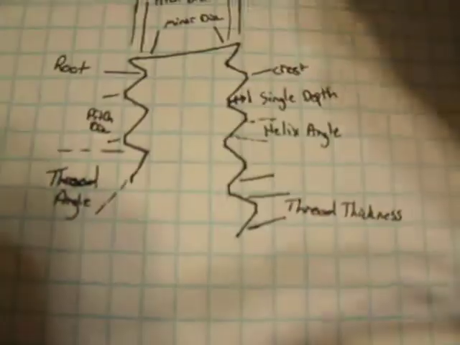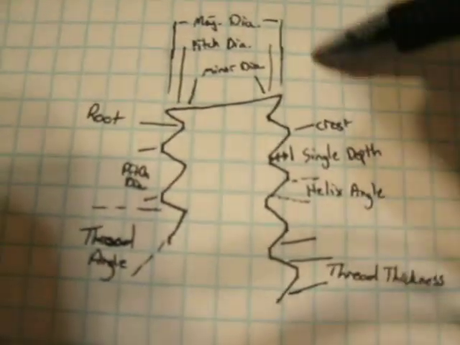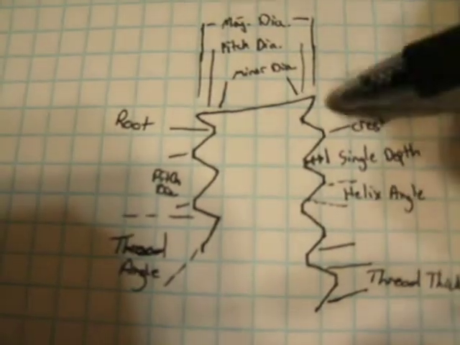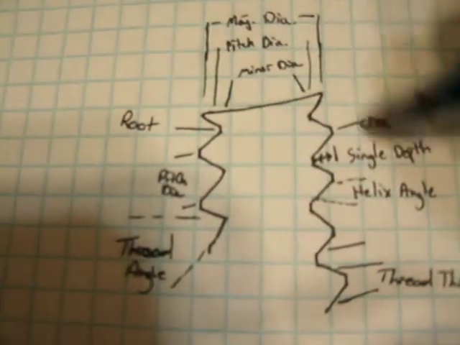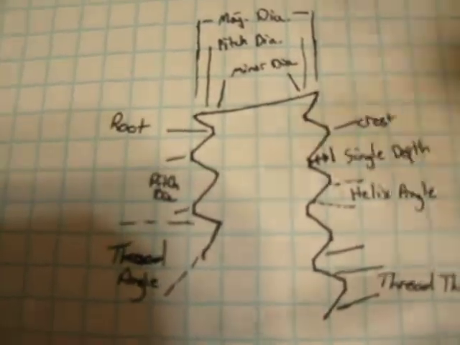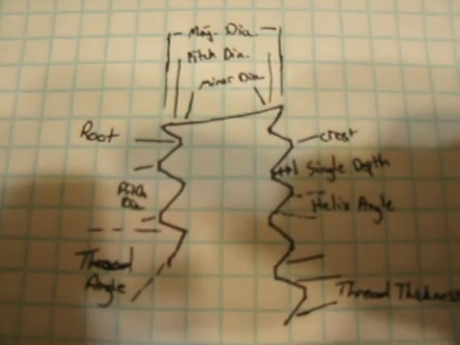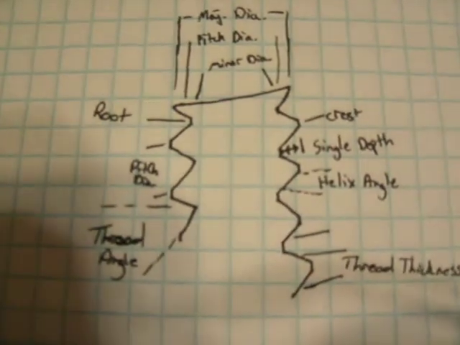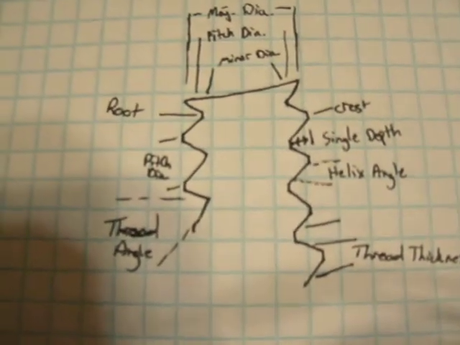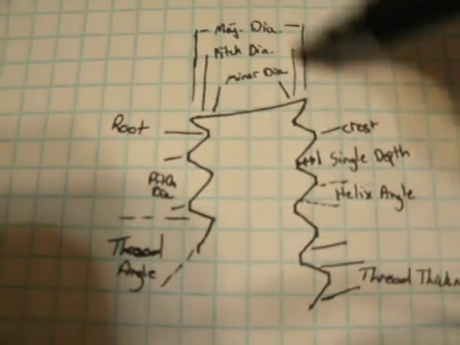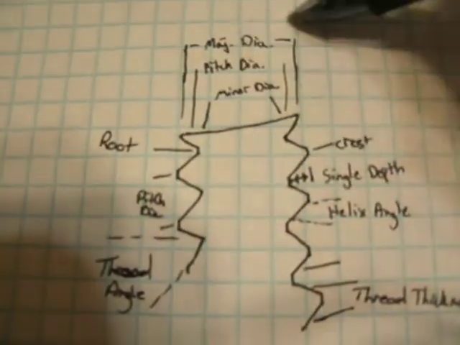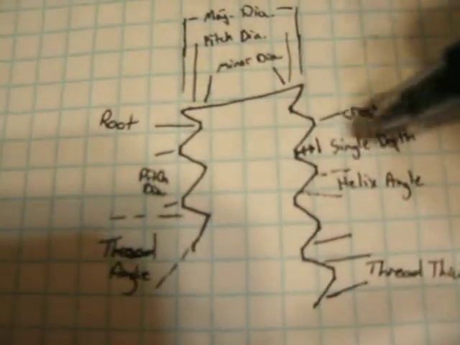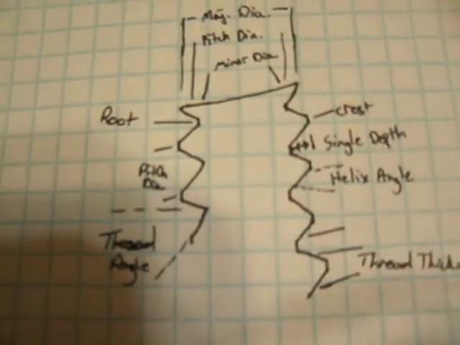And there's all kinds of equations, and when you go to make a thread, you'll do a lot of math to figure all these out for a certain kind of thread that you're machining, so you can make sure you make the thread the correct way and to the tolerances you need. But this is just extra information. Just know your pitch diameter, your major diameter, your thread angle, and what the crest and root are, and that's probably good right there.